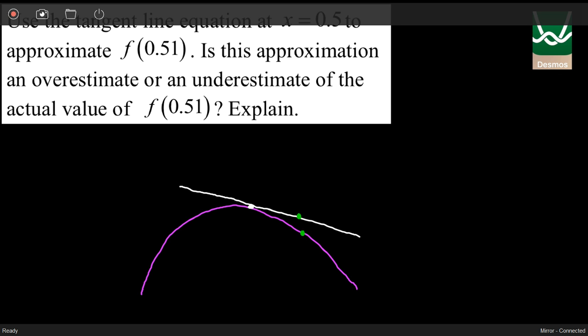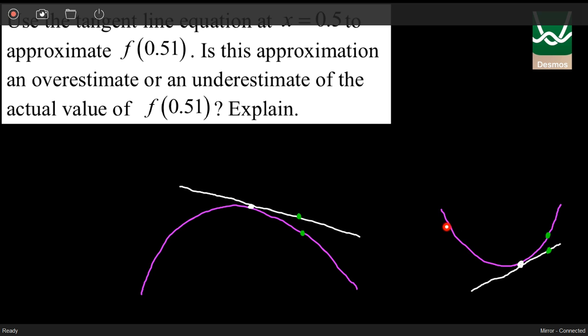Now, if you have a curve that opens like this, then when you do a linear approximation, you can see if you pick a point, the approximate value on the line is going to be lower than the actual point that is on the curve.